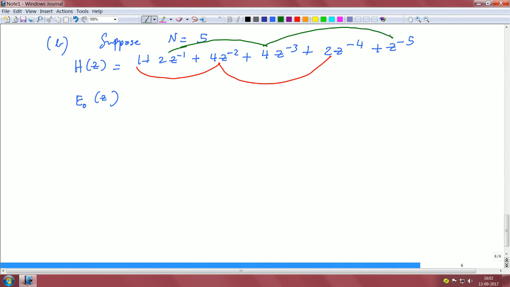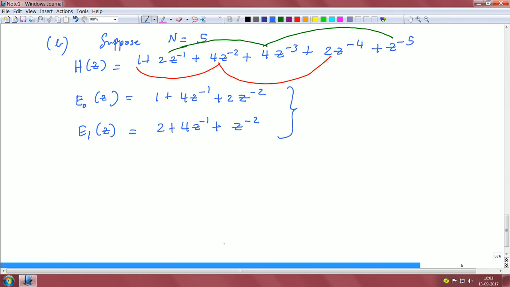Okay. Now, E naught of z is basically 1 plus 4 z power minus 1 plus 2 z power minus 2, and E1 of z is basically 2 plus 4 z power minus 1 plus z power minus 2. Now, we observe E naught and E1.